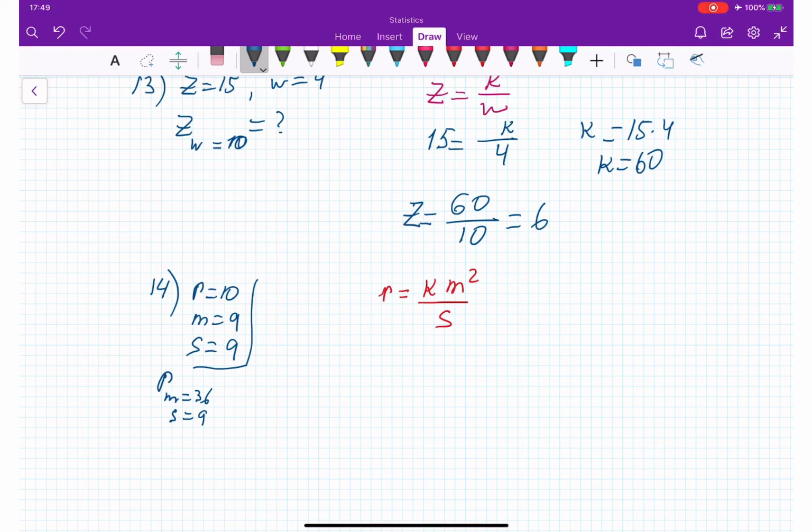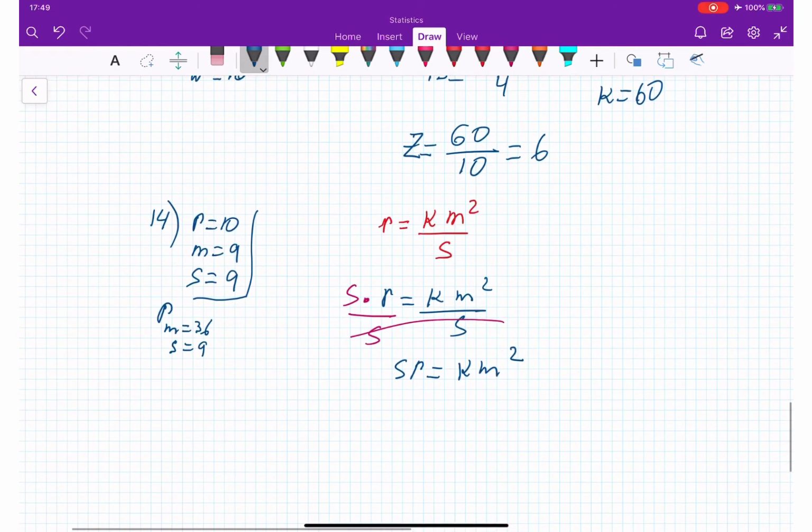So what are we going to do? r is equal to k times m squared over s. Bringing to a common denominator, the common denominator is s, so multiply by s. I drop this and I get s r is equal to k m squared. I am interested in k, right?